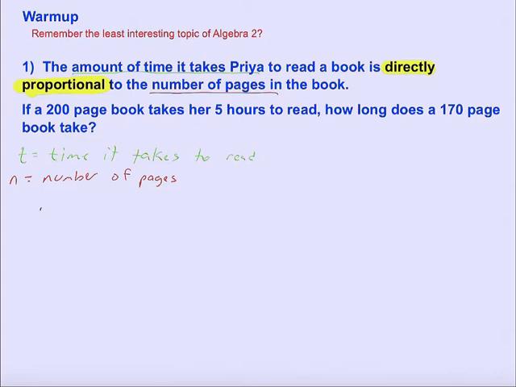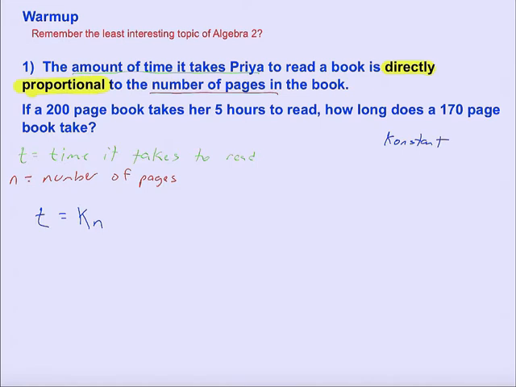The amount of time it takes Priya to read the book is directly proportional to, means it's equal to some constant we don't know. We use K to stand for constant, obviously. Equal to some constant times the number of pages. T equals K times N.